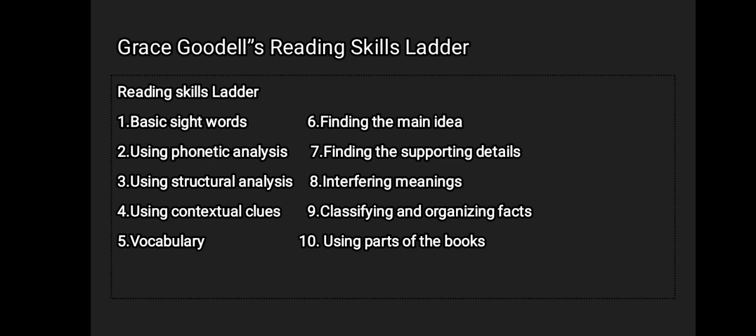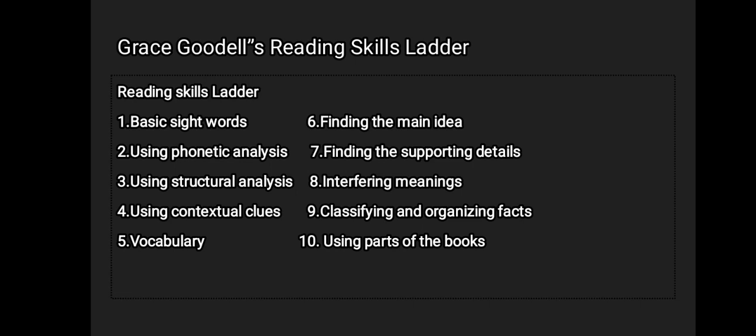So number 4 is using contextual clues. Contextual clues are hints that the author gives to help define a difficult or unusual word. For example, the team was elated because they just found out they placed in the semi-finals. Number 5 is vocabulary building.